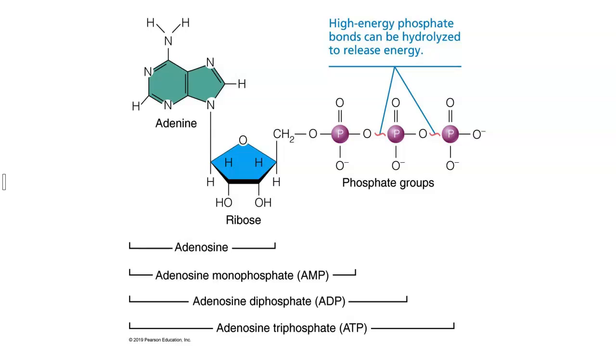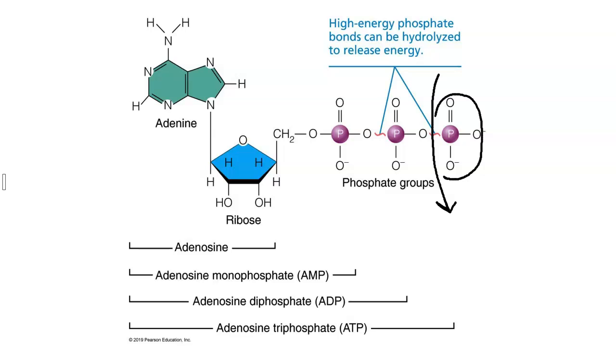And so the way that ATP works is that if you cleave one of the phosphates off of the molecule, that releases energy. So it releases energy to get rid of this phosphate tail. What it would leave you with is a free phosphate and adenosine diphosphate, or ADP, the molecule with two phosphates attached.